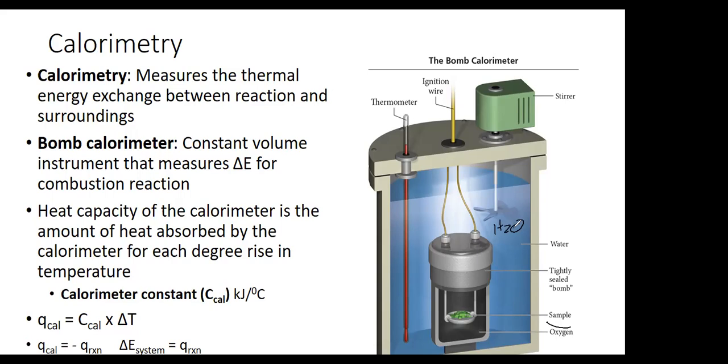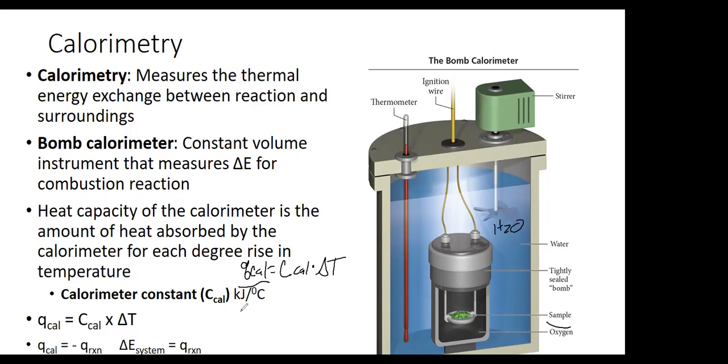Our equation for that is that the heat change of the calorimeter is equal to the specific heat capacity of the calorimeter multiplied by my change in temperature of the water. So I'm measuring the change in temperature of the water. Once I calculate how much heat my calorimeter absorbed, that's what qcal is.